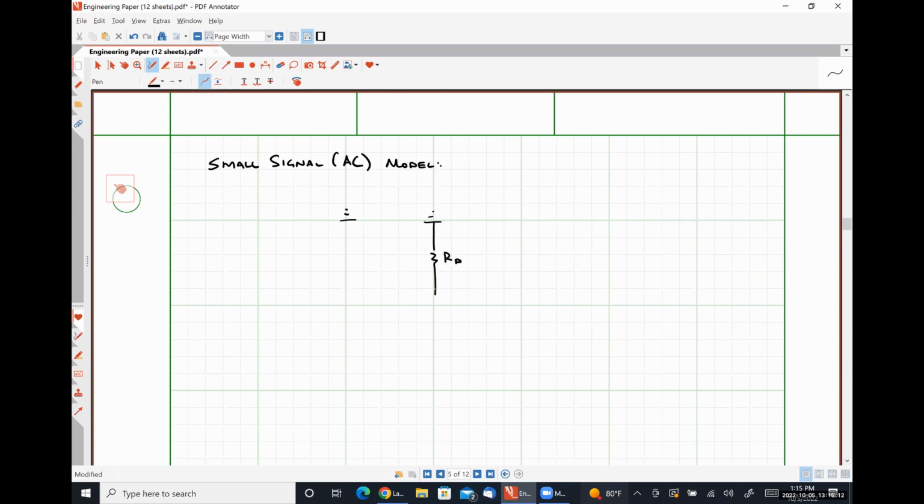Here's our resistance RD. This is our output node. This is our small signal output voltage Vout. Here's R1. Here's R2. This is shorted.